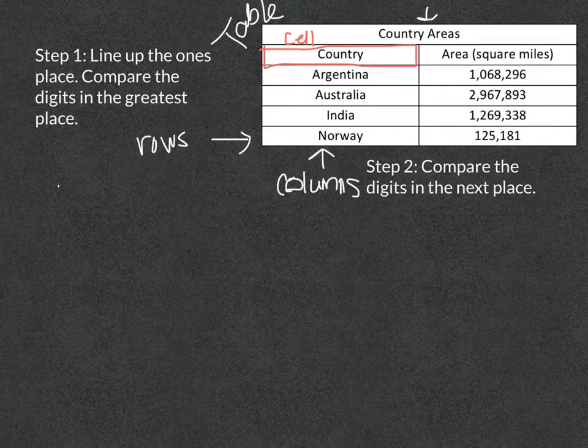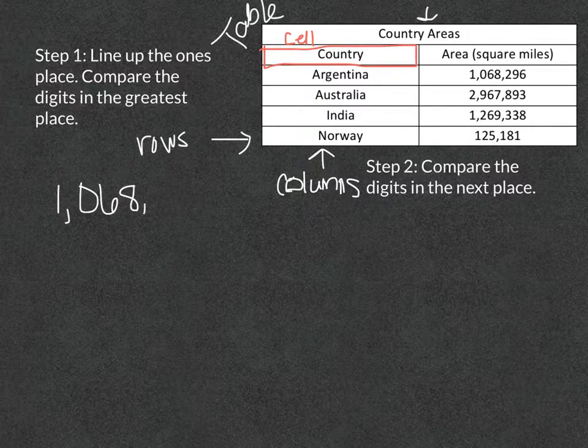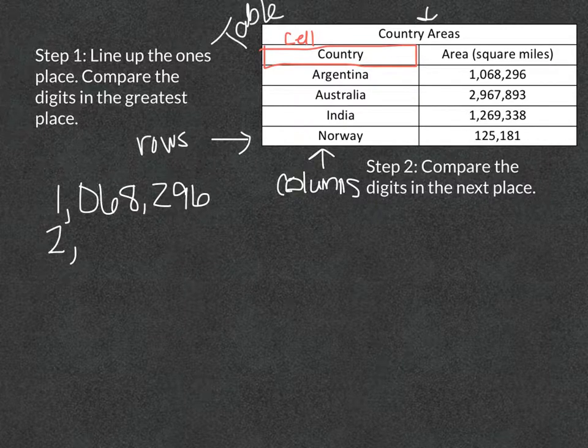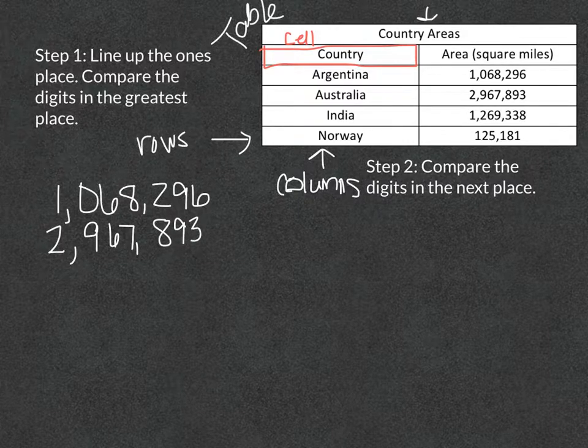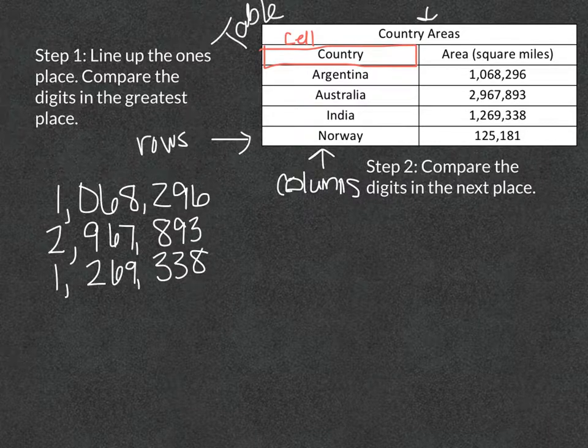So if I have 1,068,296, 2,000,000, okay, we already know that one's bigger, 967,893, we have 1,269,338. You see how I'm just kind of lining up my ones and going from there so I can really look at these numbers and compare them.